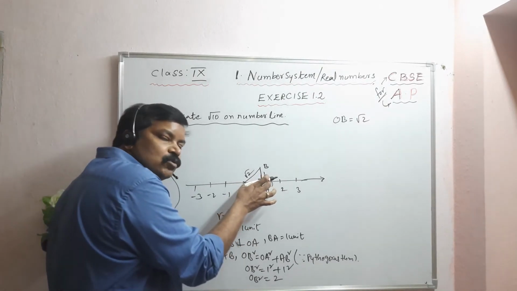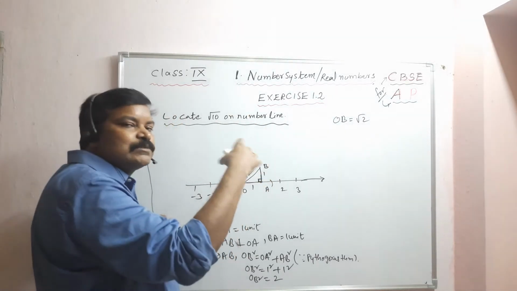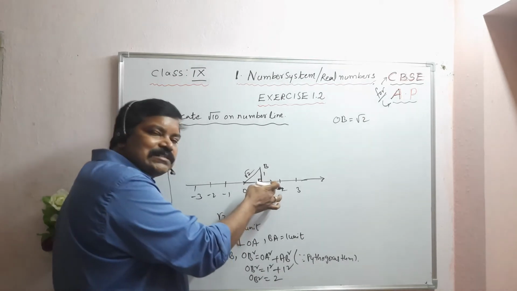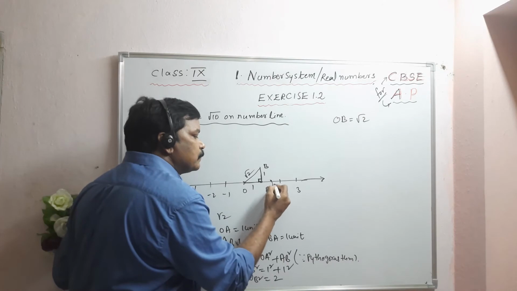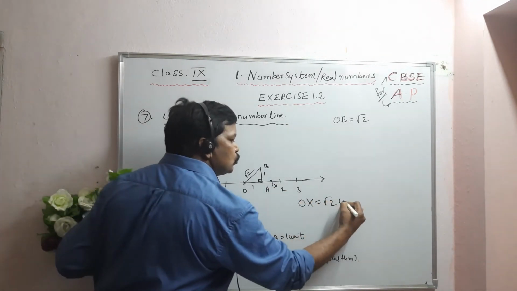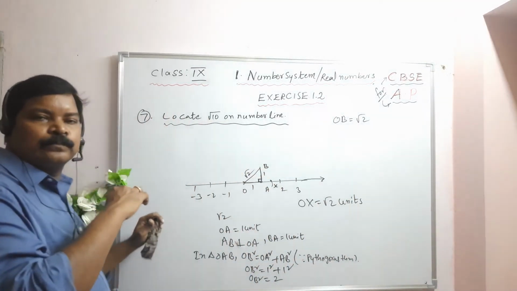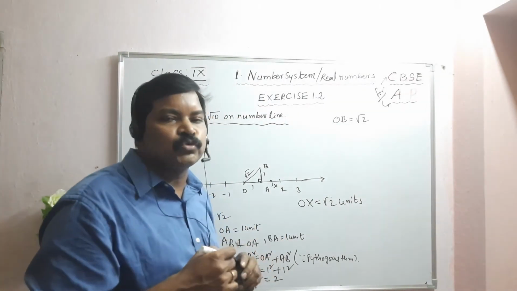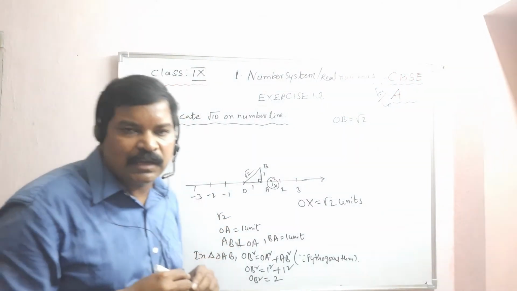With center O and radius OB, that means root 2 as radius, just draw an arc to intersect this number line here. This is some X. So this OX is equal to root 2 units. The distance from O to X is root 2 units. So this is the location of root 2 on the number line.